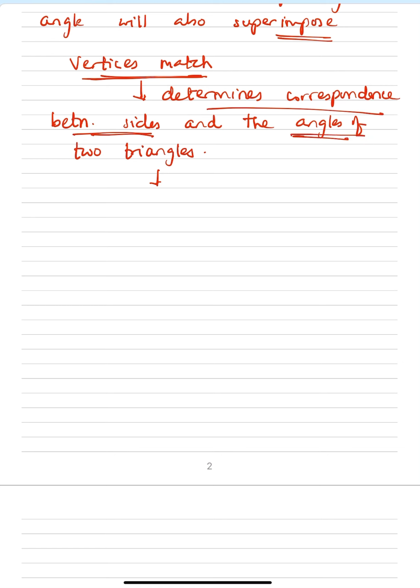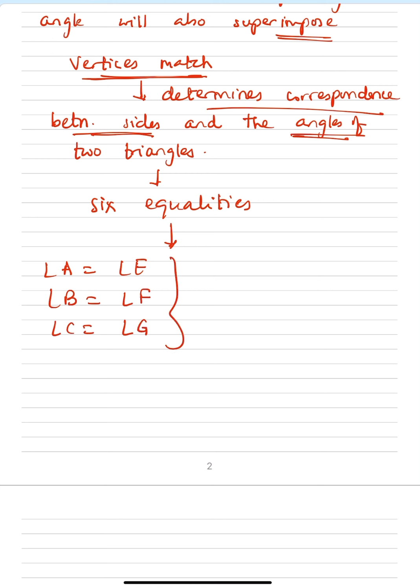We have got 3 sides and 3 angles, so we will have 6 equalities. Which 6 equalities? Angle A will be equal to angle E, angle B will be equal to angle F, angle C will be equal to angle G. These are the 3 angles which are equal.